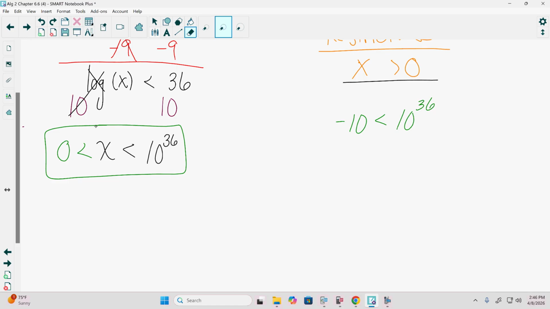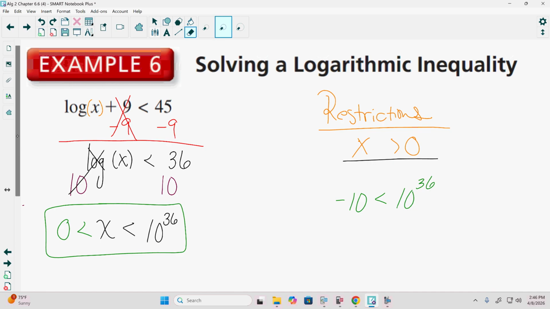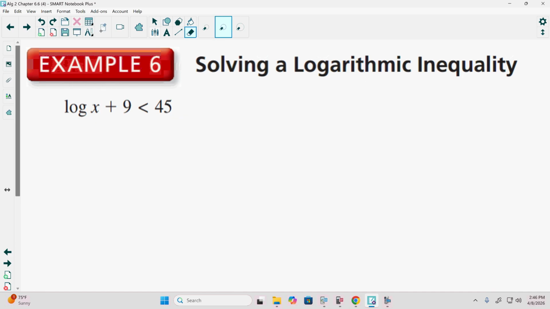So the restriction, I'm going to clear this out, because there's parentheses around here, yes? I cannot take log of 0, because log of 0 doesn't work. If I picked negative 10, I'll use it again, I cannot take log of negative 10. I can't take log of a negative number.